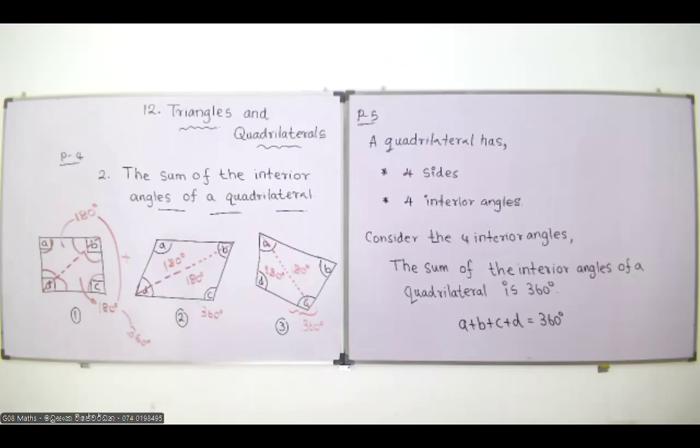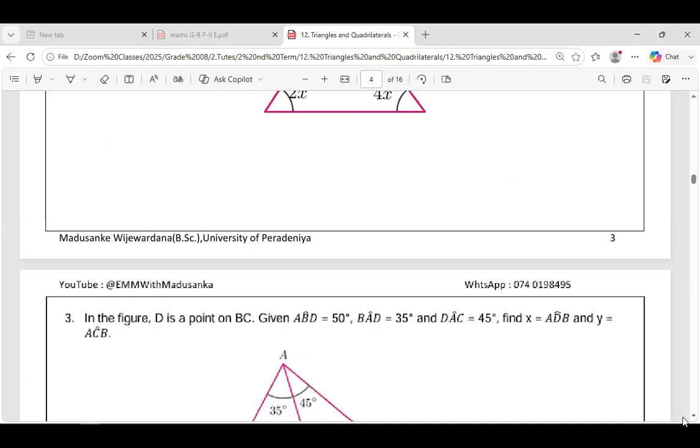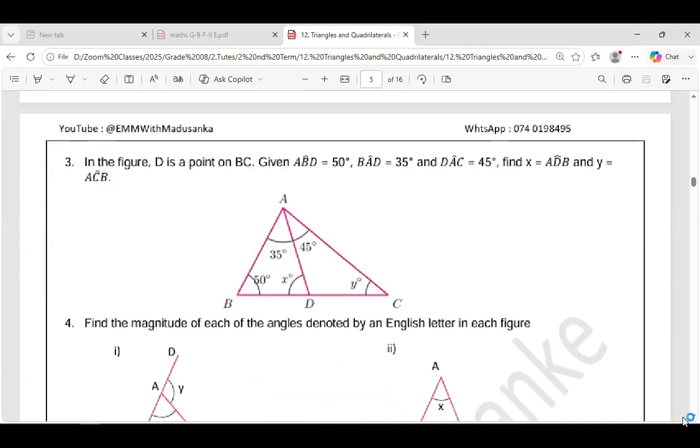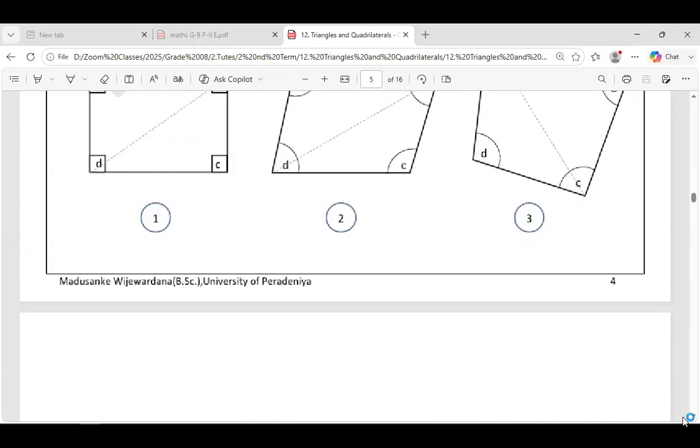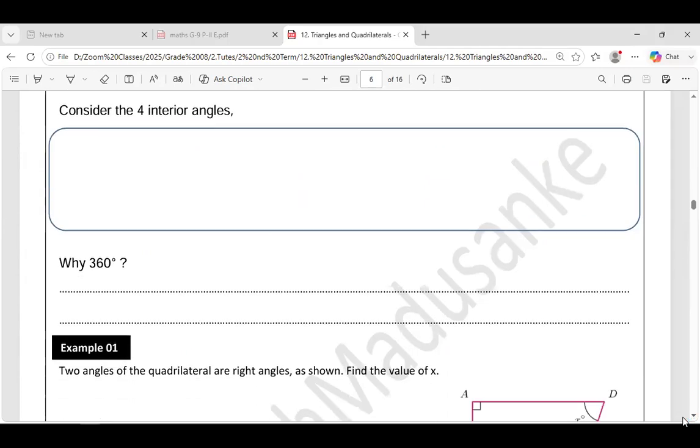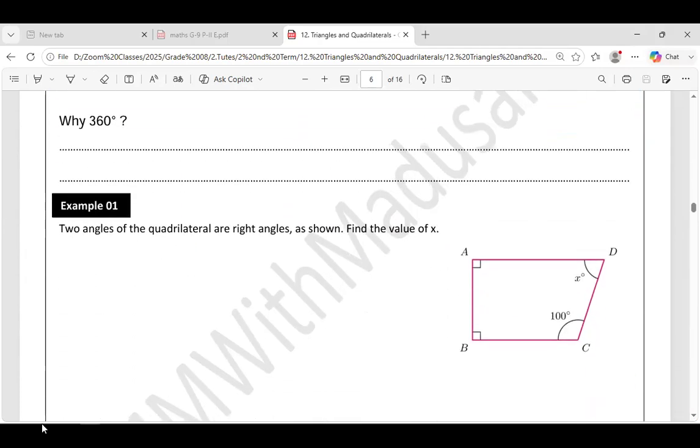Okay, now I am going to give you the reason for that. Why 360? I am going to share the screen with you so that you can write. Right, why 360?